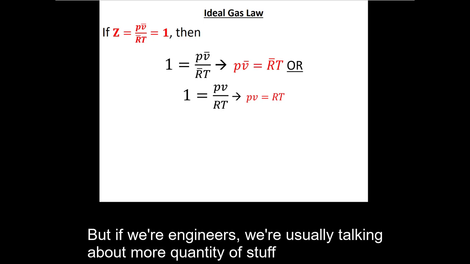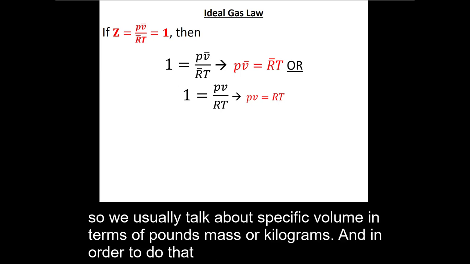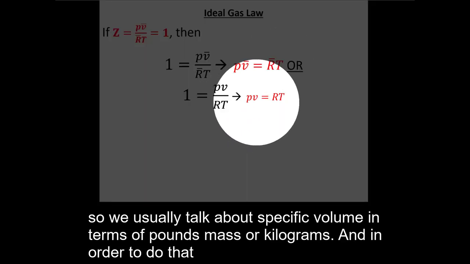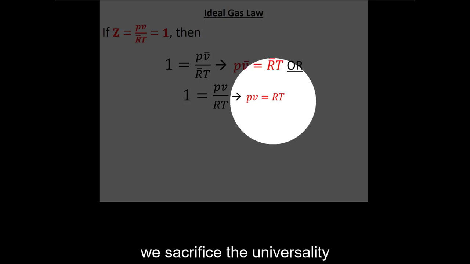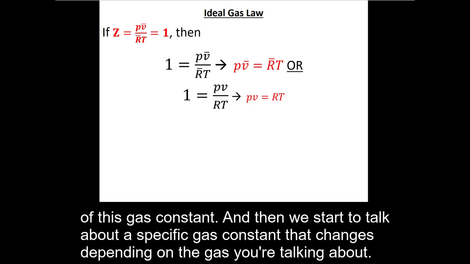which will be the same for every gas. But if we're engineers, we're usually talking about more quantity of stuff. So we usually talk about specific volume in terms of pounds mass or kilograms. And in order to do that, we sacrifice the universality of this gas constant. And then we start to talk about a specific gas constant that changes depending on the gas you're talking about.